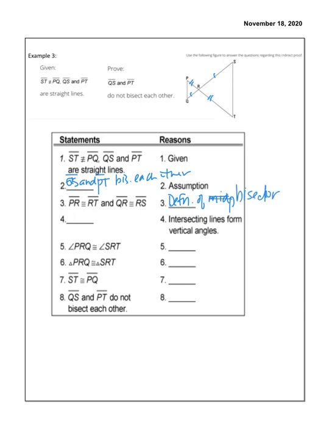Definition of bisector. If a segment bisects a segment, it divides the segment into two congruent parts. And here is a step I usually just say assumed from diagram, but we can say the angle PRQ and angle SRT are vertical angles.